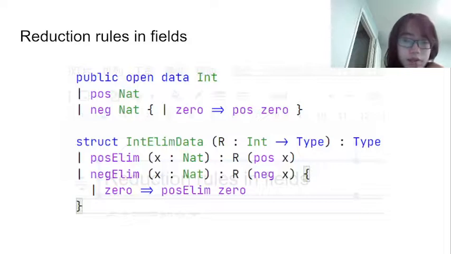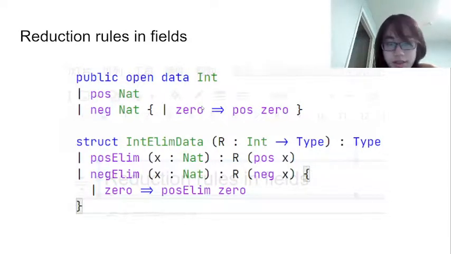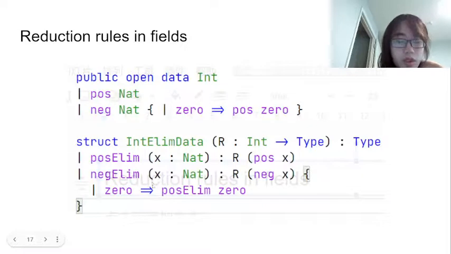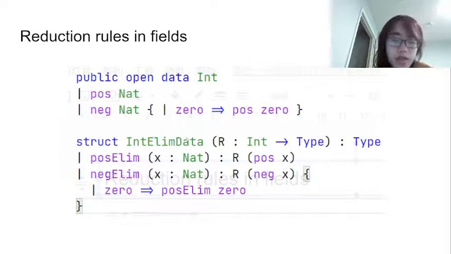And inspired by this feature, by the duality of inductive types and records, we also introduce reduction rules in record fields. So these two types are dual to each other. Like a function from int, an elimination of int, is kind of equivalent to an introduction of int elim data.